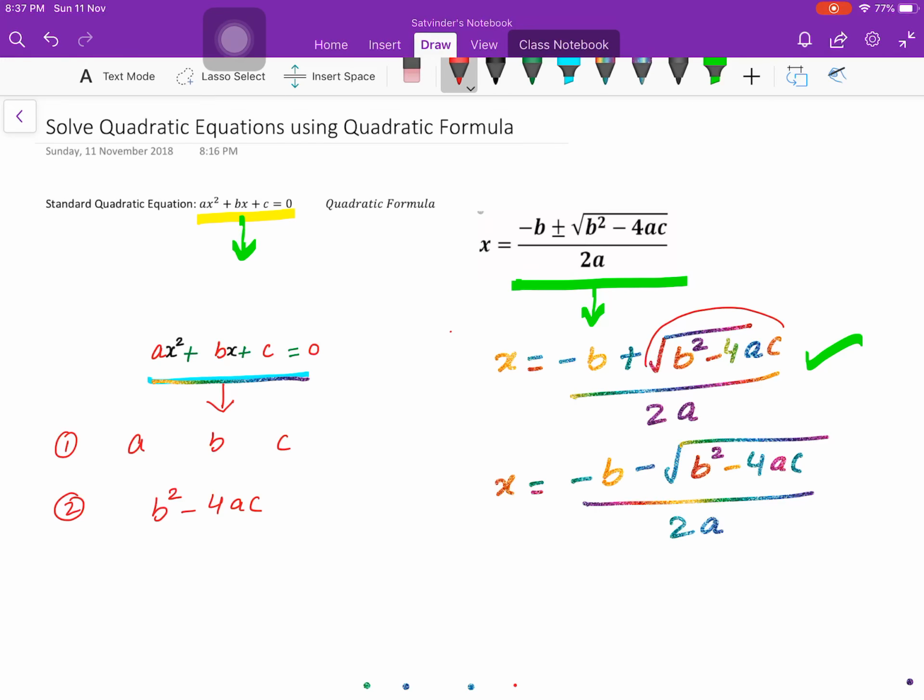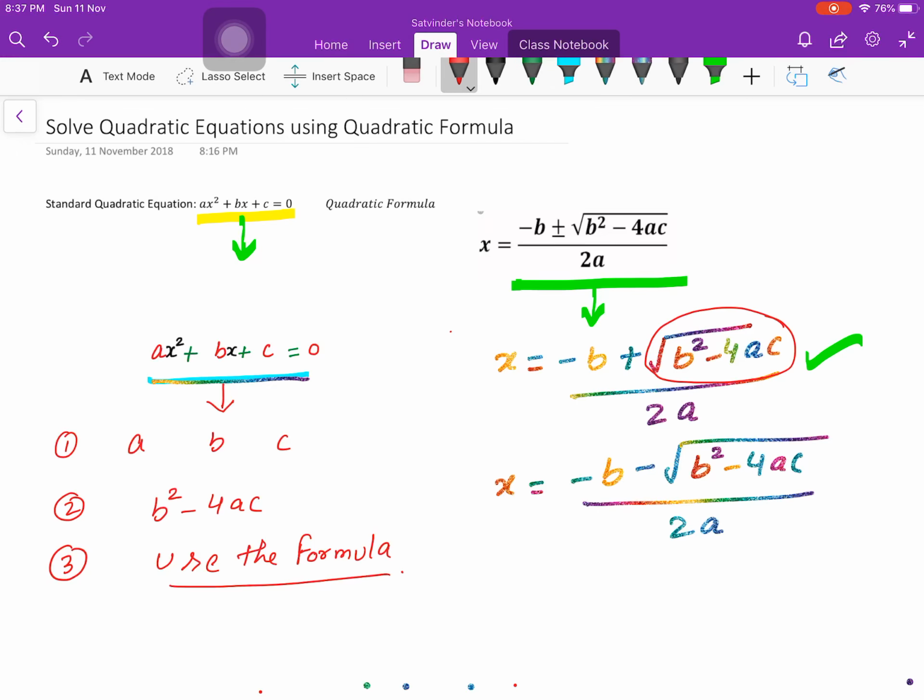If you calculate this separately, then you can substitute easily. Third step, use the formula. Just substitute the values directly in the formula, and you should get two values, one with plus, one with minus.